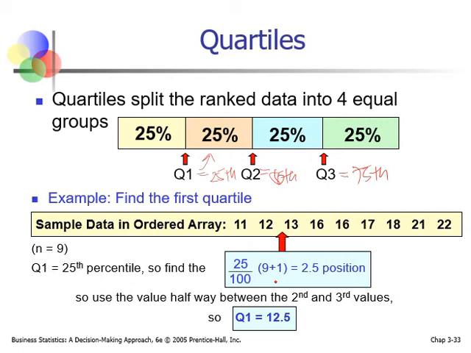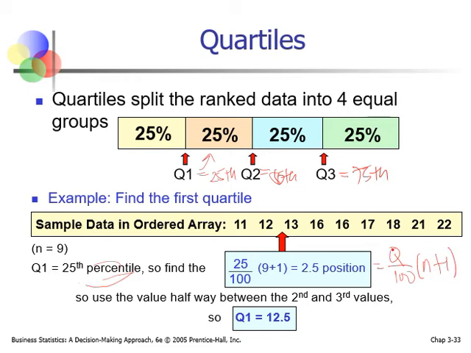Here we are asked to find the first quartile, which is the 25th percentile. We will use this formula. The formula is the quartile divided by 100, the same as with percentile, times the number of data plus 1.